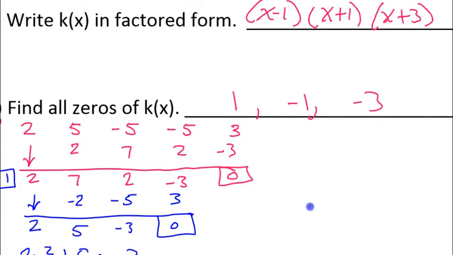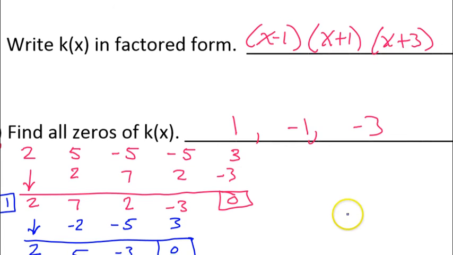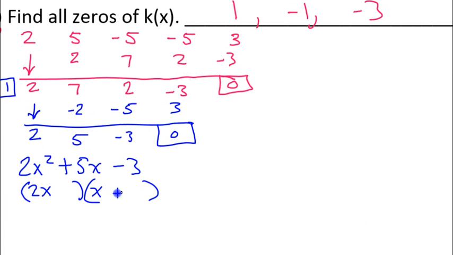And I already know I'm going to have x plus 3, and it's going to be 3 times 1. So inner, I've got 1x. Outer, I've got 6x. So I need this to be a negative 1 to make 5. So there you go, 2x minus 1 times x plus 3.